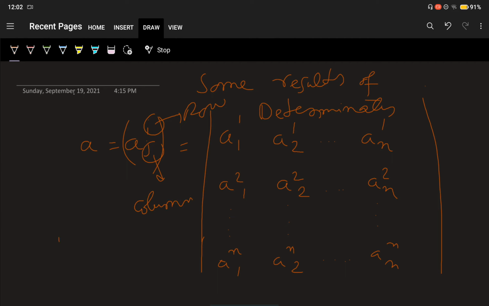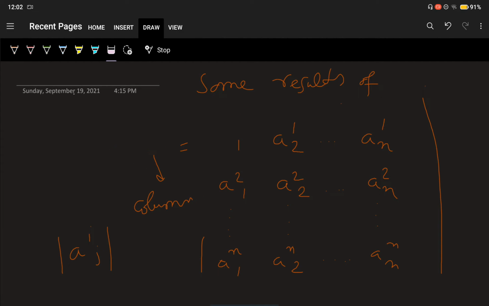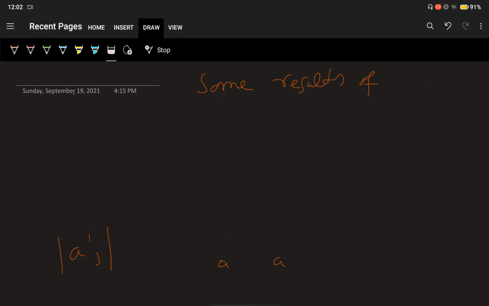So the determinant is the mod of a_ij. Now if a_ij equal to a_ji, this is called a symmetric matrix or symmetric determinant.